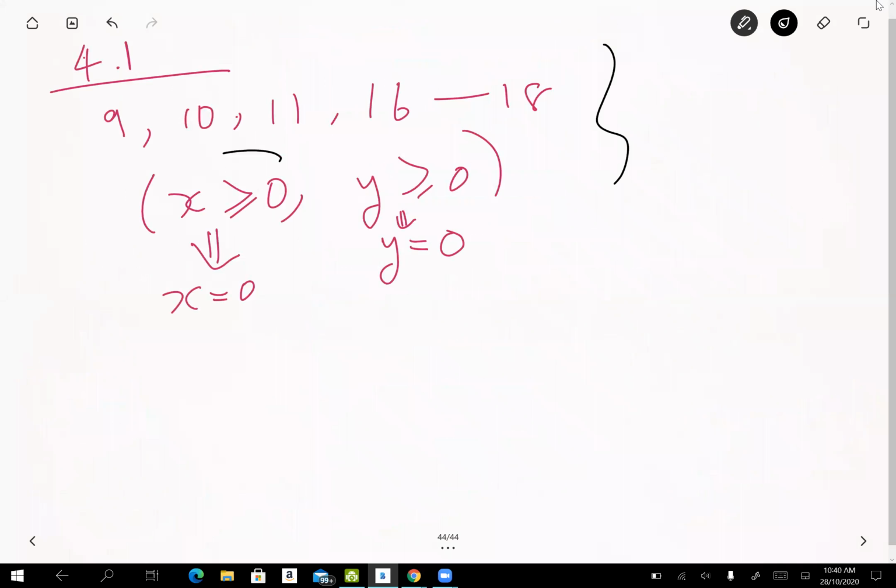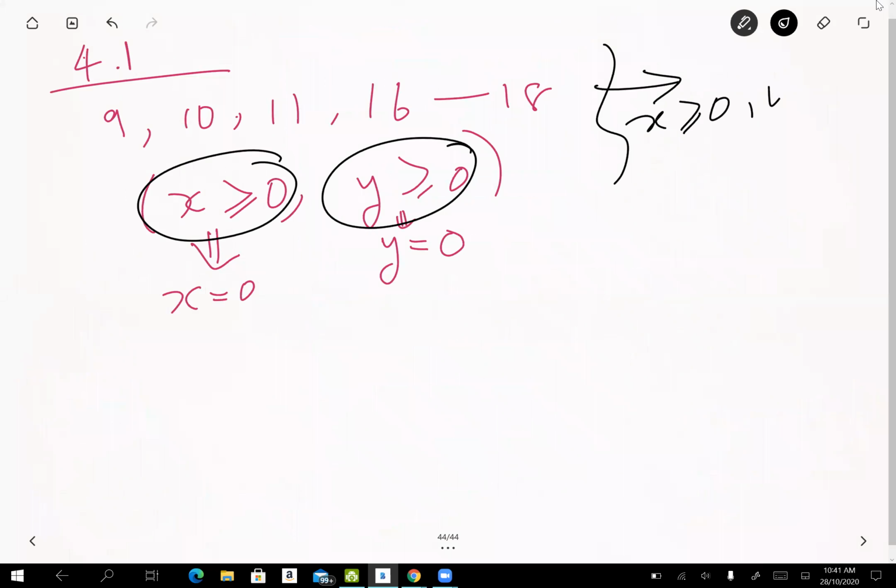We need to know what these are. But for all these questions, this x bigger or equal to 0, y bigger or equal to 0, don't think about it. Don't consider it. You just look at the proper inequalities. For now, don't worry about it; we will worry about it later on.